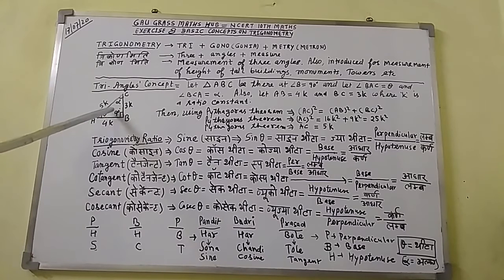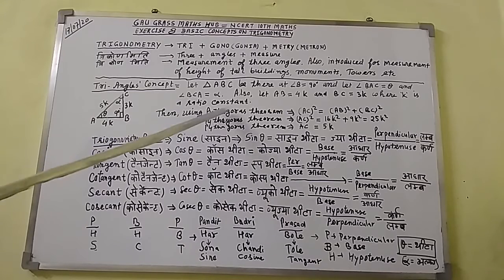Accordingly, with respect to angle theta, AB will be the adjacent side, known as the base, and BC will be the height of the triangle, known as the perpendicular with respect to angle A or angle theta.